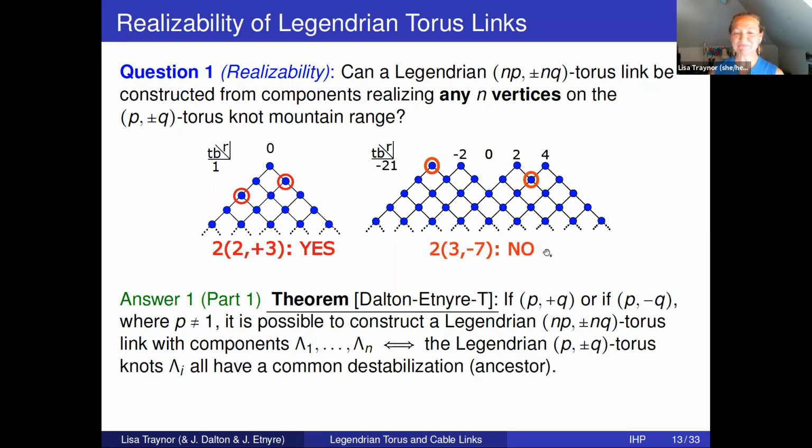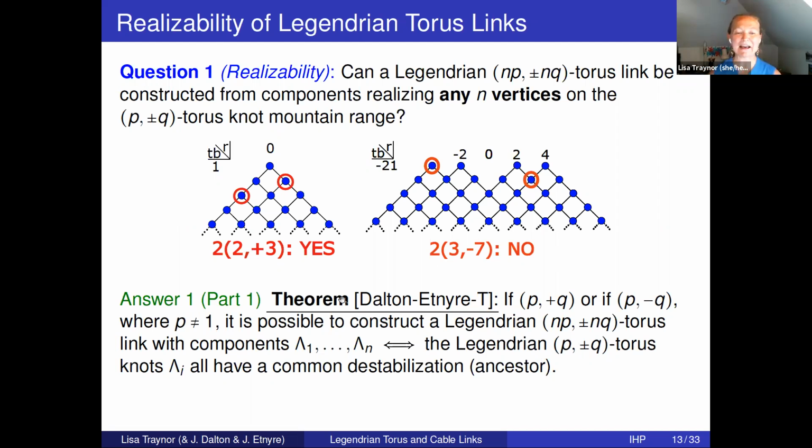So in general, how do we know? I kind of think of these like checkers. Basically what we want to be able to do is move the checkers up, and they have to have a common ancestor.